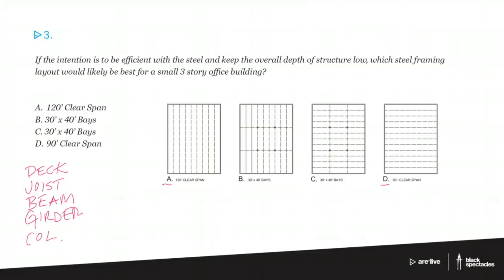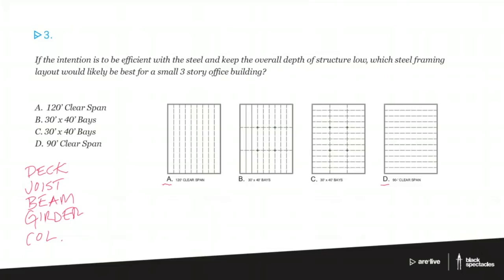Now, you don't always have all of those. Presumably you have decking, but you don't always have joists. Sometimes it's just decking from beam to beam. Sometimes you have joists and beams, but no girders. But that's the order that you would talk about them in. So a girder is going to hold up multiple beams. A beam is going to hold up multiple joists or go straight to the decking. The joists are going to hold up the decking.